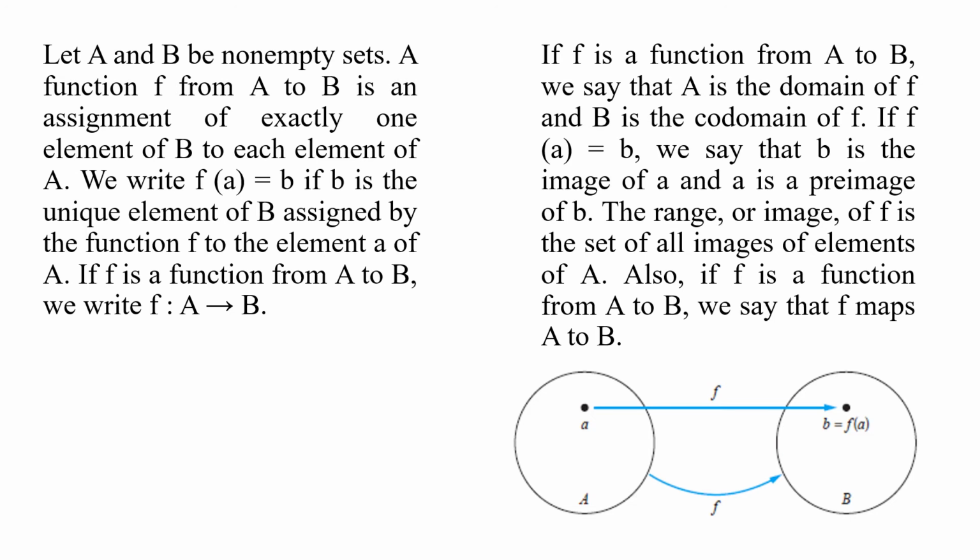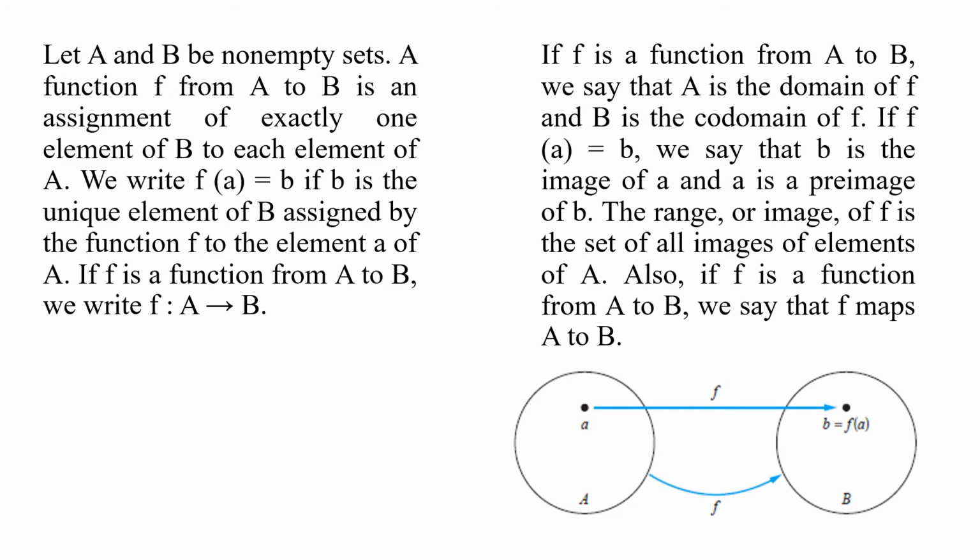Another concept: if f is a function from A to B, we say that A is the domain of the function f and set B is the codomain of the function f. So if f of a is equal to b, we say that b is the image of a and a is a pre-image of b.